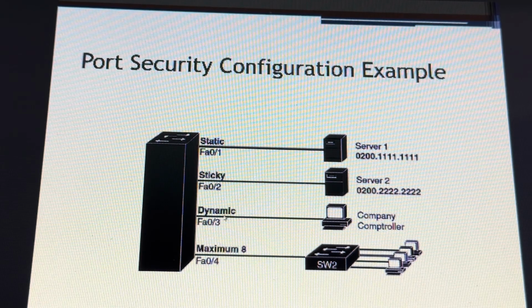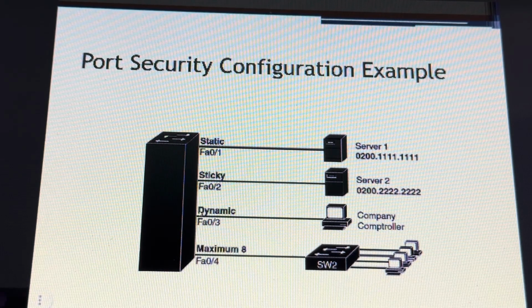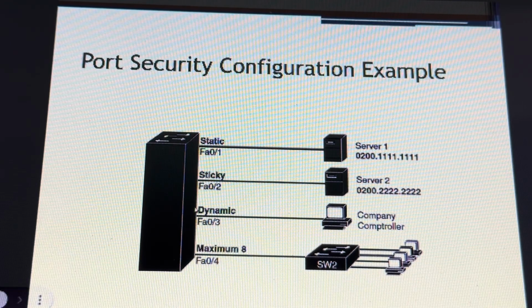The company controller is dynamic. That's going to dynamically learn, and we may have additional MAC addresses allowed, depending. But once dynamically learned, it stays in the switch, and only that device will then be able to connect to that port until it times out or is removed.